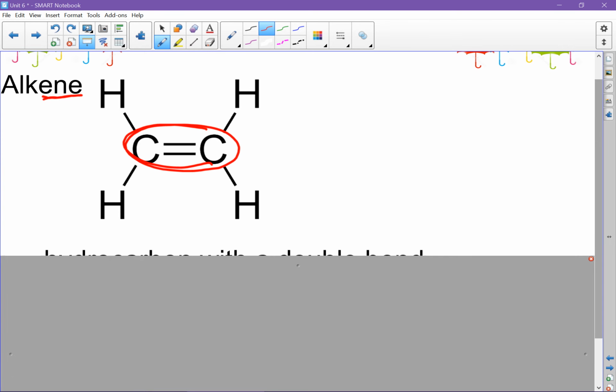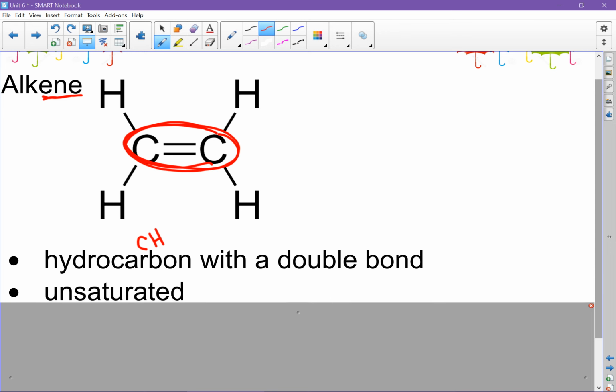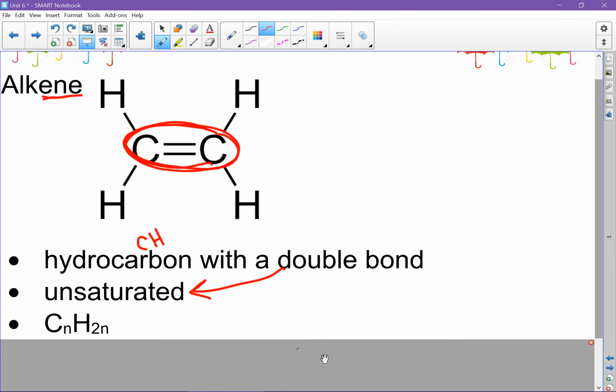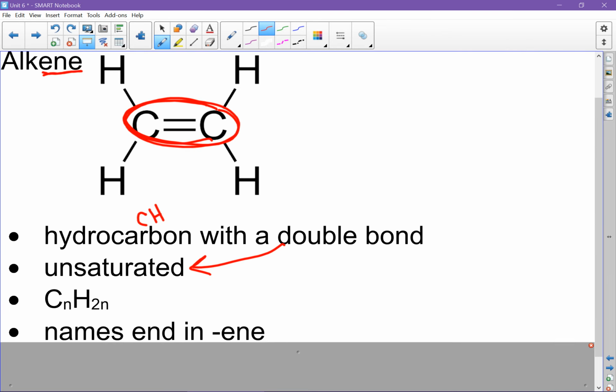So whenever you have an alkene, it's still a hydrocarbon, it still only has C and H, but now you have a double bond that we circled right there in that picture. Okay? Because of the double bond, that makes it unsaturated. The formula to figure out the hydrogens will be you take the carbon number and you'll just double it, so times 2. All of the names there will end in ene.